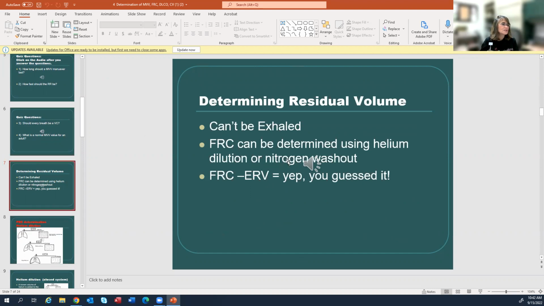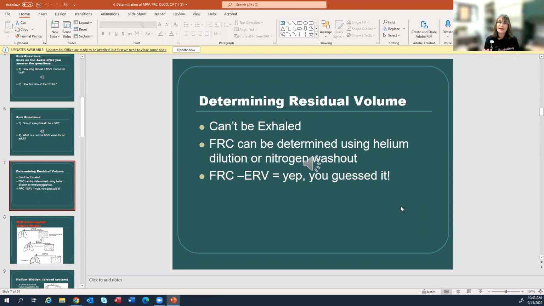All right, now we moved on to residual volume. And in order to find residual volume, the tests that we review are helium dilution and nitrogen washout. Both of them will show what the functional residual capacity is, so the FRC. And then we have the patient breathe out so we can figure out their expiratory reserve volume.